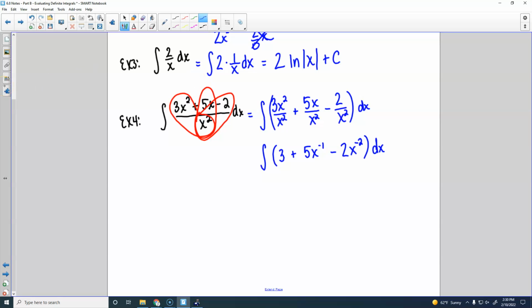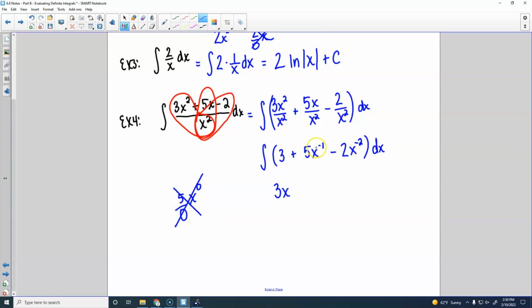Okay. So when we integrate 3, what do we get? You got 3 out in front, 3x. Just put x with it. Then, what about this x to the negative 1? If we try the power rule, we get x to the 0, then we have to do 5 divided by 0. We can't do that.